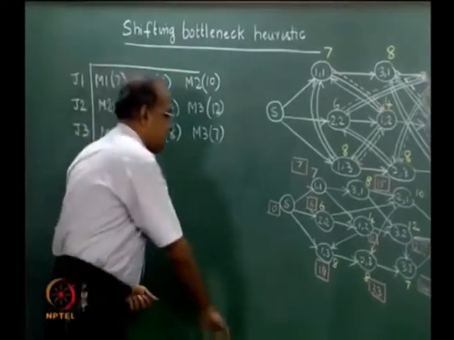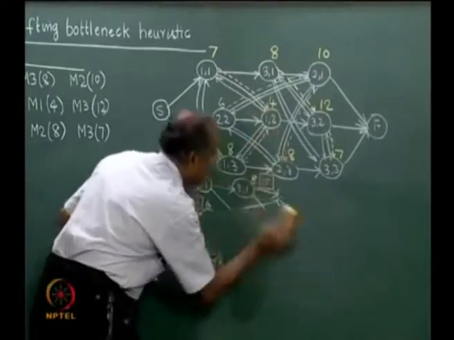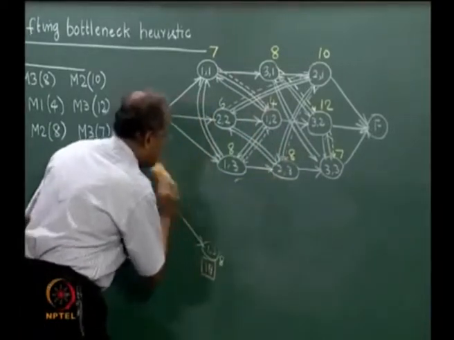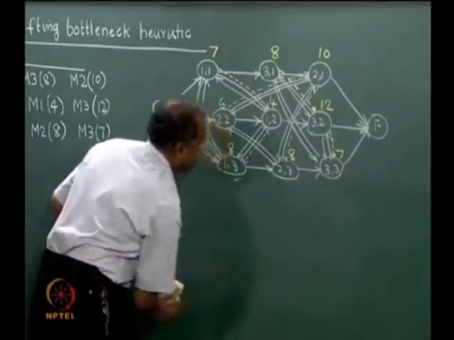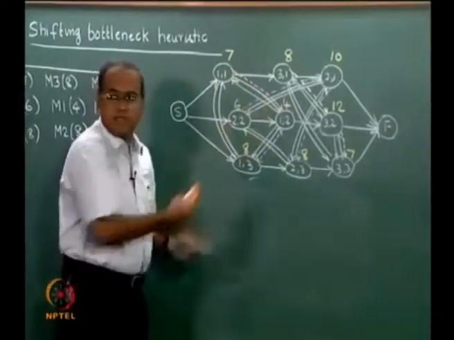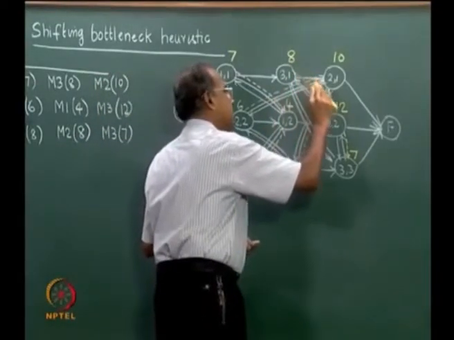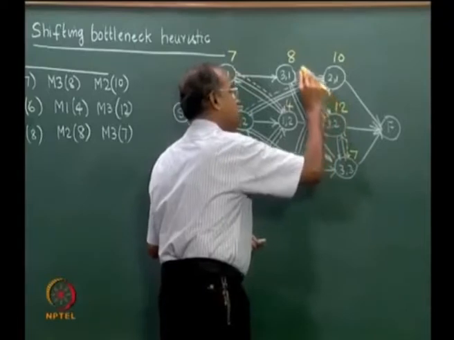So let us now try and see, having understood this part, is there a best way or what is the way that we are going to adopt to choose the best 2 out of the 3. So what I will do now is I will remove these because these belong to SPT.